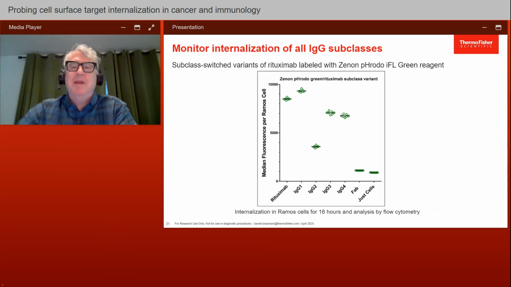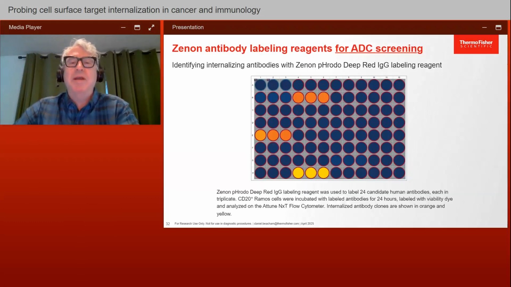And I mentioned the different IgG subclasses that the Xenons can be aimed at, and so these are just aimed at a series of antibodies present on these cells, interrogated in this case with flow cytometry, showing the peak signals coming out in the wavelengths of the label from the dye and Xenon.